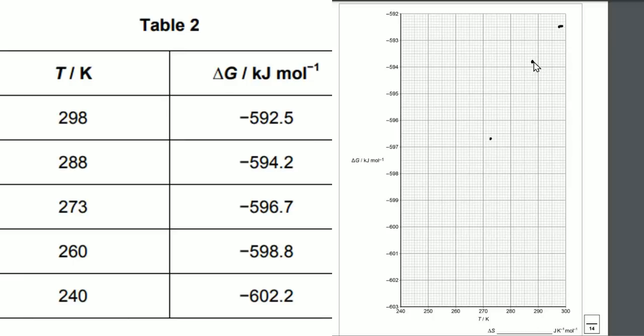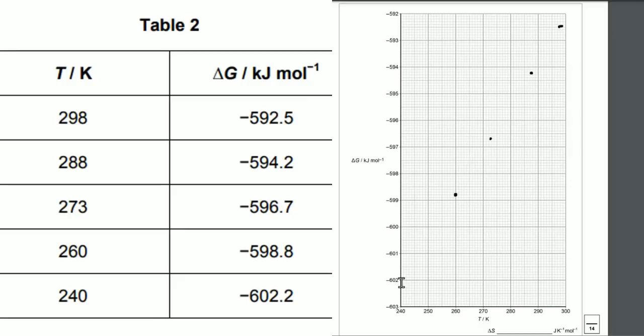And we just got to plot these points on, which is very hard to see on this. So I'm just going to show you how to do it, but bear with. It's very difficult to put this all on the screen and show you how to do all of this. I got that point wrong. They do give you plus or minus 1 small square when you're plotting the points. So this is minus 594.2, should be there. And then I want to go to my next point, which is 260. That's quite easy because that's on the line.